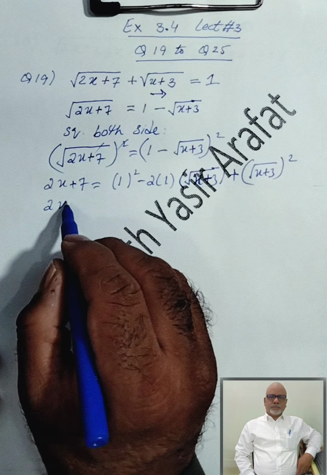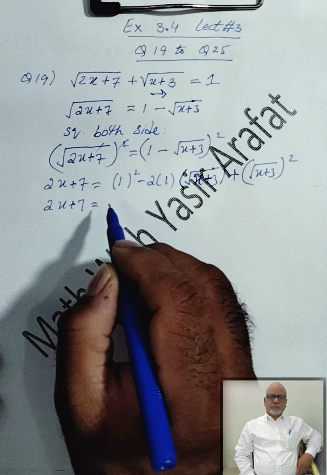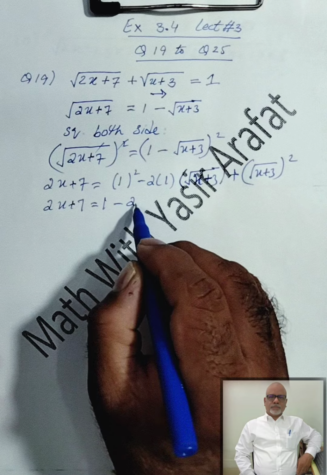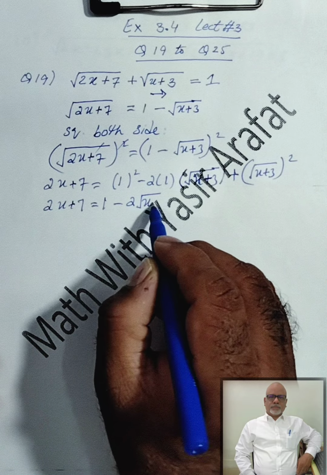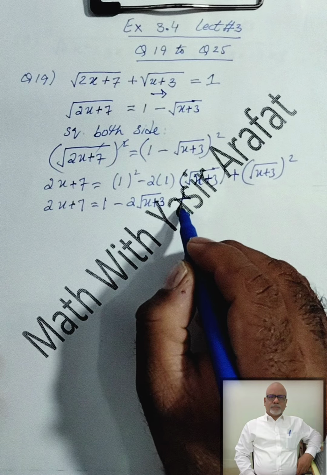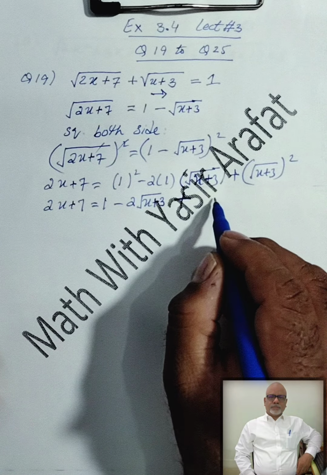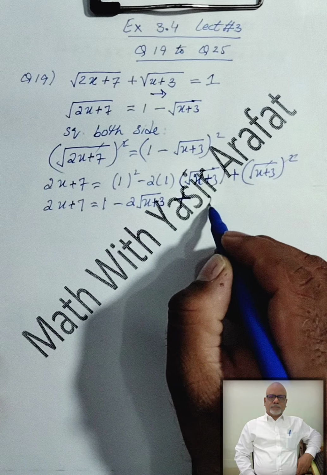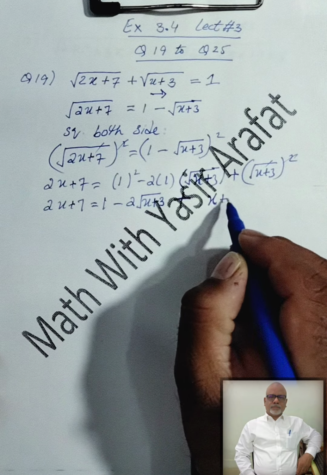So this is 2x plus 7, it is equal to 1 minus 2 radical x plus 3, and this is plus, square radical cancel, and x plus 3.